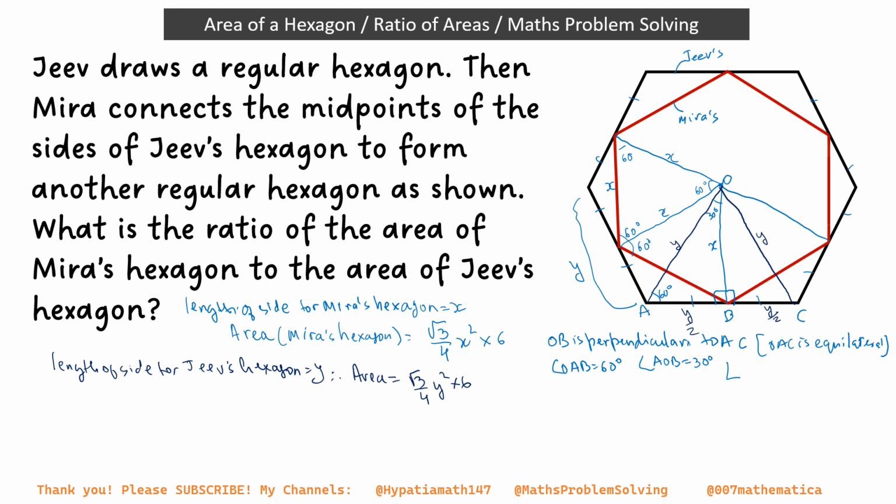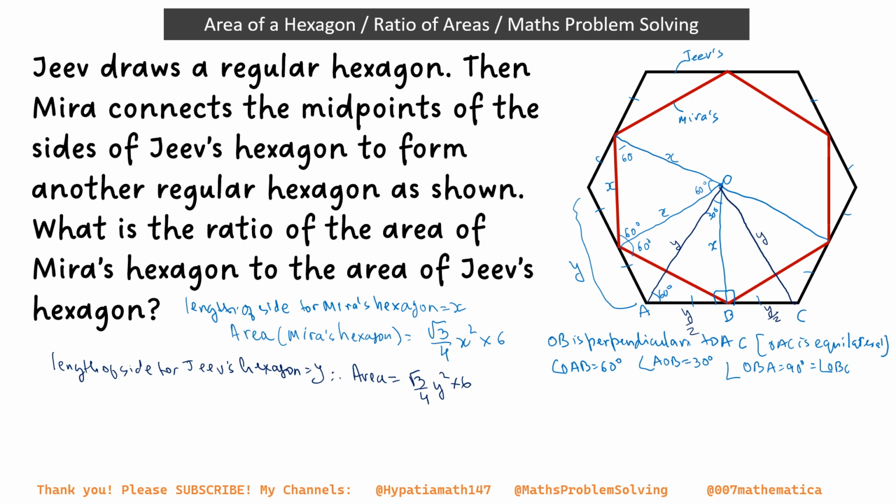And of course angle OBA is 90 degrees, equal to angle OBC. I didn't need to write this, but I just wrote it, because we can apply Pythagoras theorem, we don't need to apply trigonometry here.